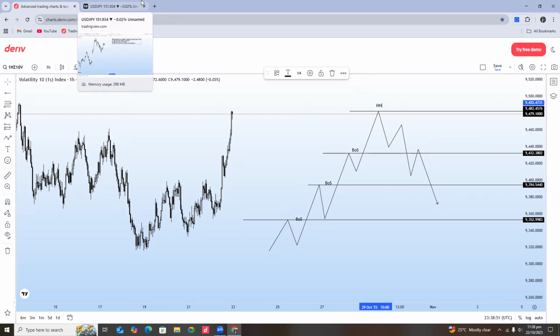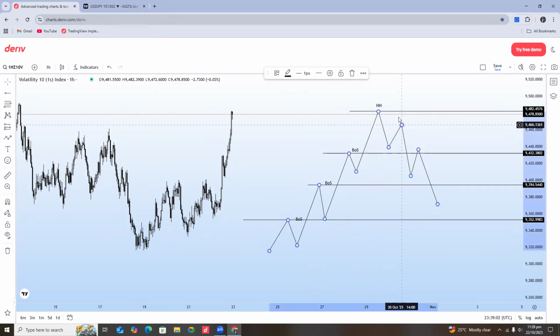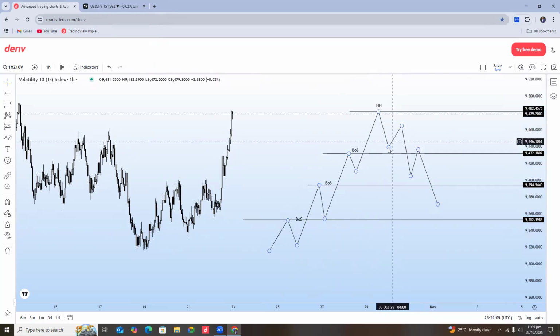But then you see something happened. You see that after this high, this failed to go through this to create a high here, and then it closed below the low. Okay.